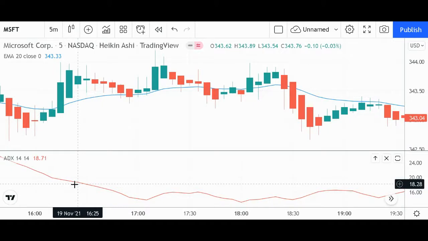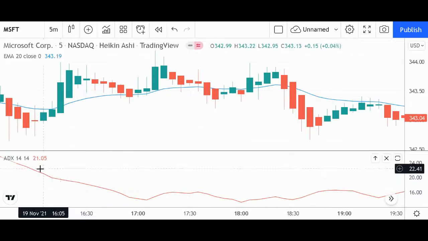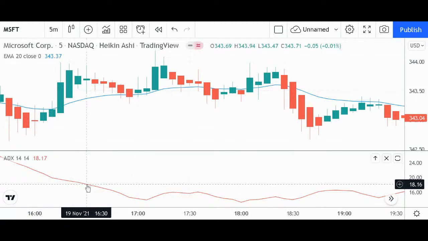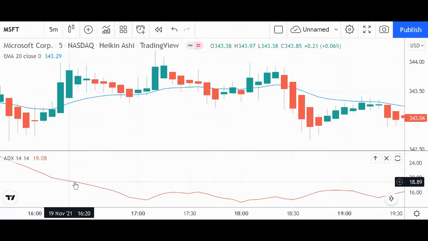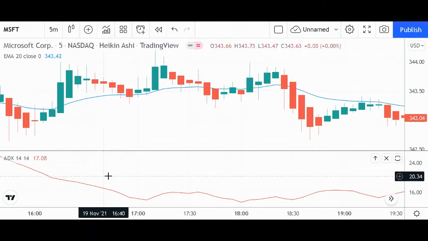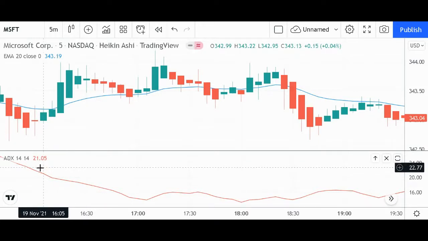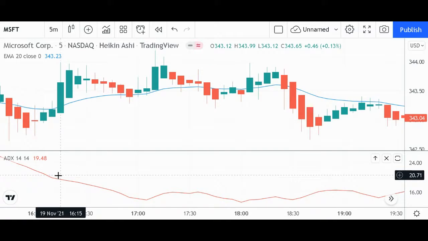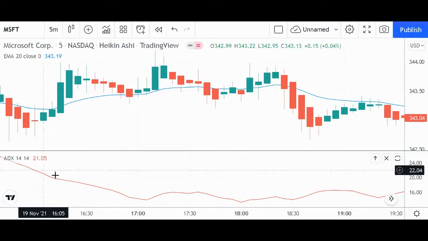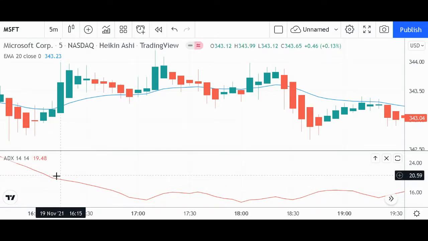Now, Welles Wilder is the gentleman who designed the ADX, Average Directional Index. And his idea, and I'm paraphrasing, this may not be totally accurate to what he thought, I can't speak for him, but my interpretation is that if it goes below 25, that could mean not a strong trend. You may want to stay out of the trade or not go as heavy into the trade.